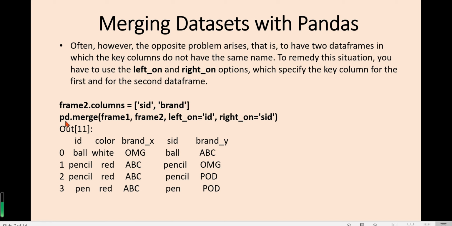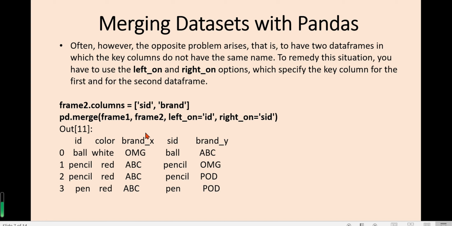Then we can write pd.merge frame 1, frame 2, with left_on as ID, which means we use frame 1's ID, and right_on as frame 2's SID, to match these two columns to merge.